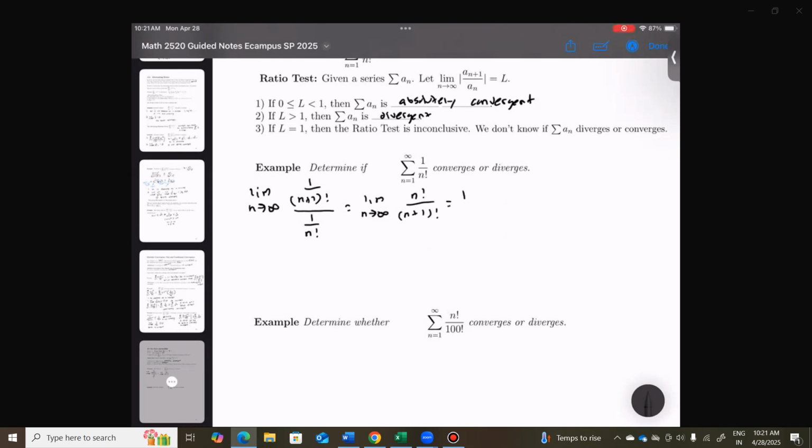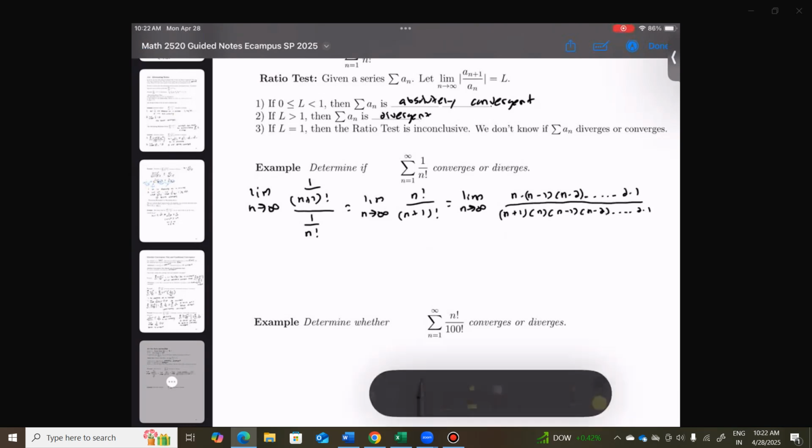which is the limit as n goes to infinity, and this is why this ratio test works with things with factorial: the top is going to be n times n minus 1 times n minus 2 all the way down to 2 times 1, and the bottom is going to be n plus 1 times n minus 1 times n minus 2 all the way down to 2 times 1.